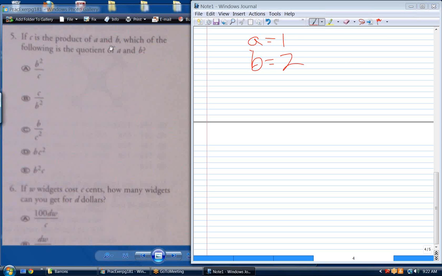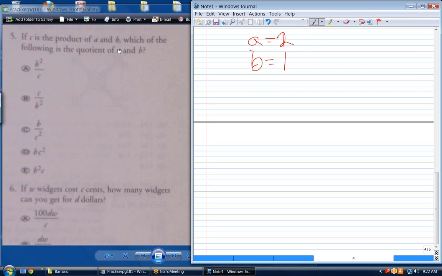But even here, the quotient of A and B is going to be A over B. Since it's going to be A over B, how about we pick a bigger A than a B? Let's do A equals 2, B equals 1, and the reason I do that is because I want the answer to be a whole number, not a fraction.